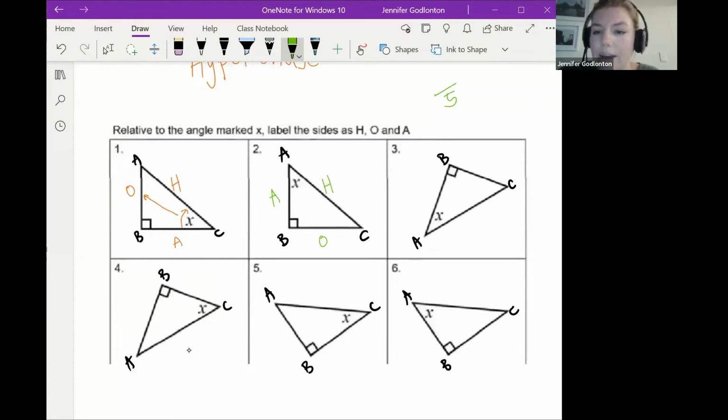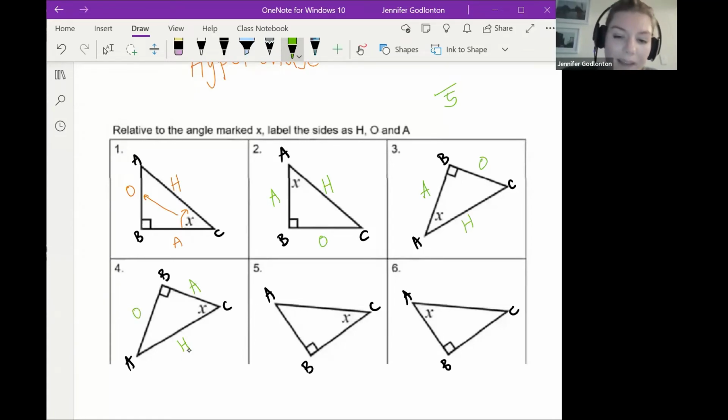But keep track. Okay. In number 3, AC is going to be our hypotenuse, AB is going to be our adjacent, and BC is going to be our opposite. In number 4, AC is going to be our hypotenuse, BC is going to be our adjacent, and AB is going to be our opposite.